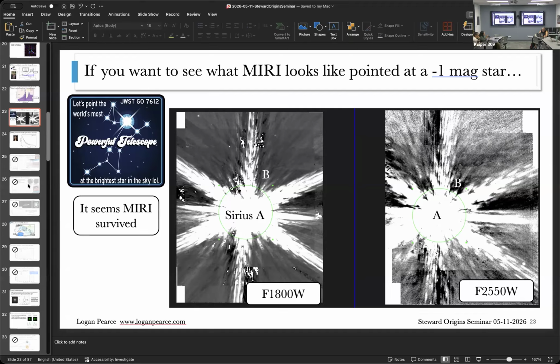That's why I made this logo for my program. If it's spectroscopy, it's easy to subtract a star. Sirius A is a white dwarf, you can subtract that really well. But for the imaging, I got reference stars. It's a reference star subtraction.